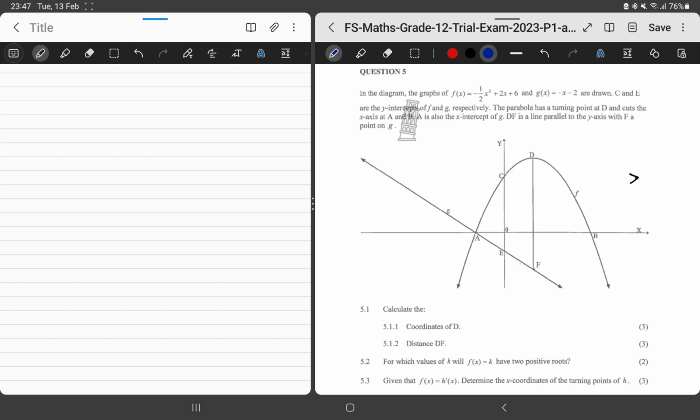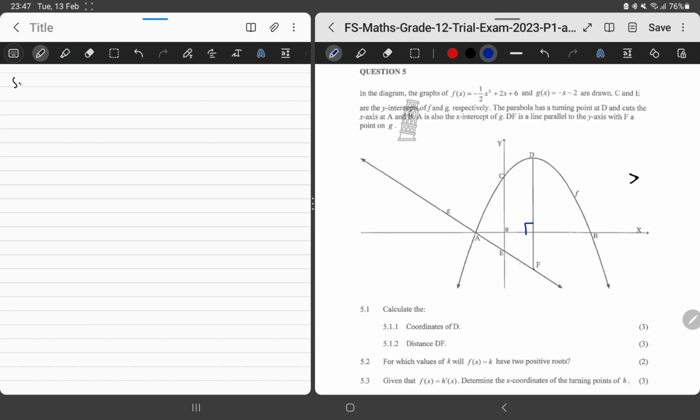DF is a line parallel to the y-axis, with F a point on g. So that's 90 degrees. This means that this is 90 degrees.